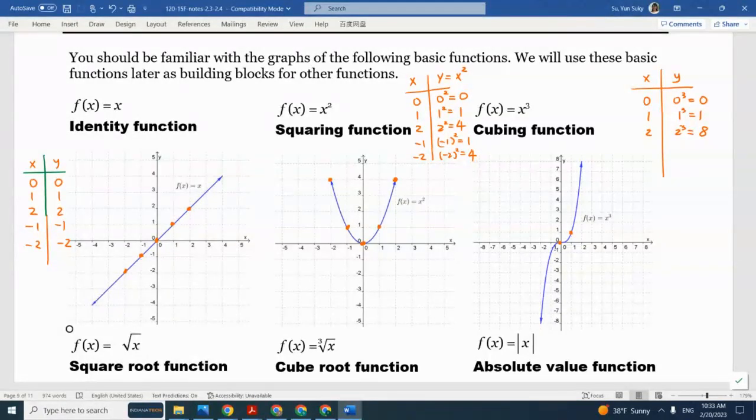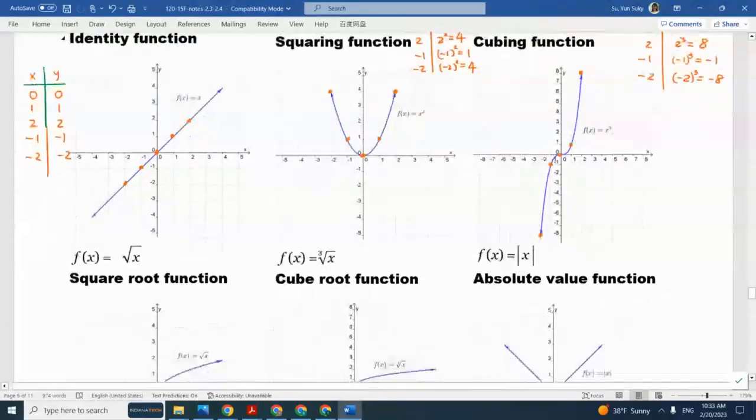Up there, right? So 8 right there. -1 cubed is -1. Oh, so see, it's below the x-axis down there. -2 cubed is -8. So this is the picture, right? Like that. Very good.